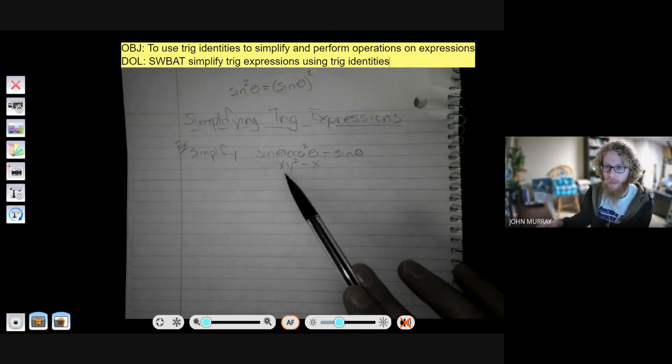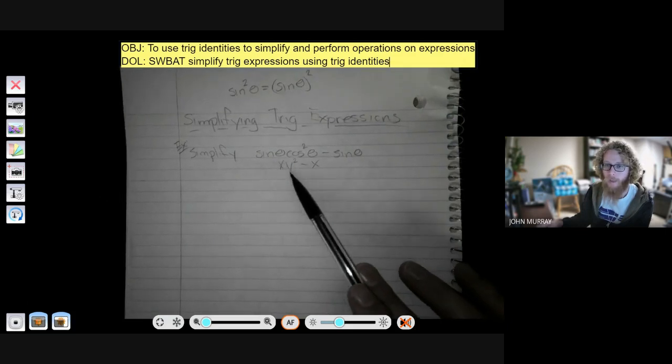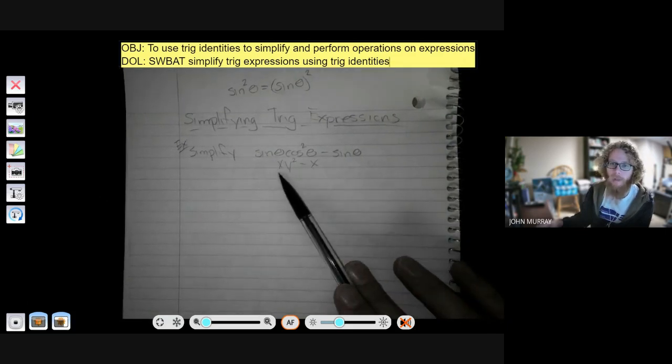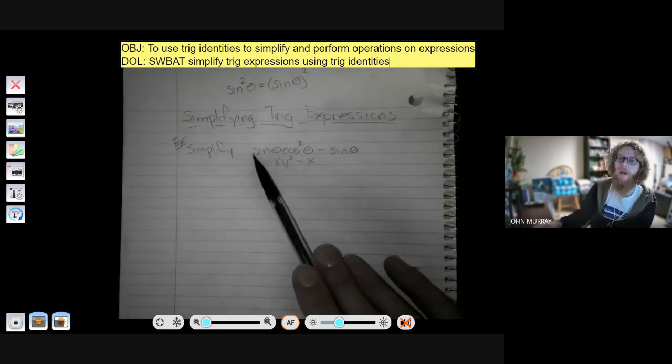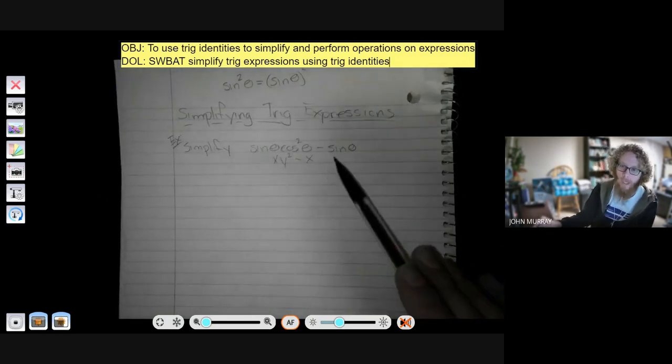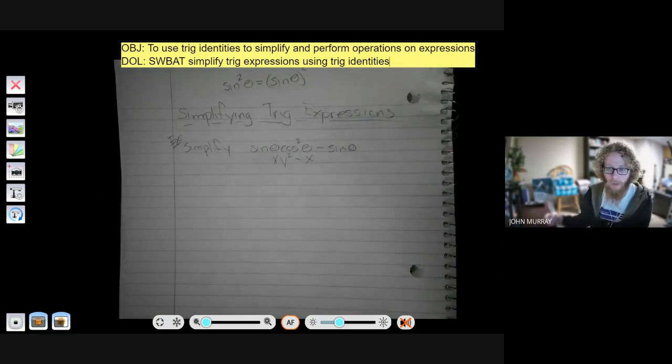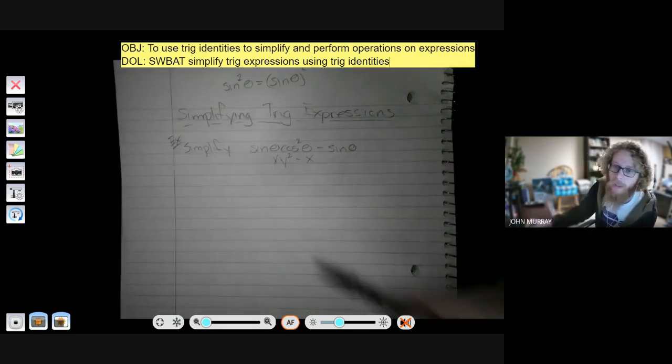So in this expression, x y squared minus x, I have a common term x in both of my parts. Up here, I have a common term sine in both of those parts. When we have common terms like that in math, we can factor them out. We pull them out.